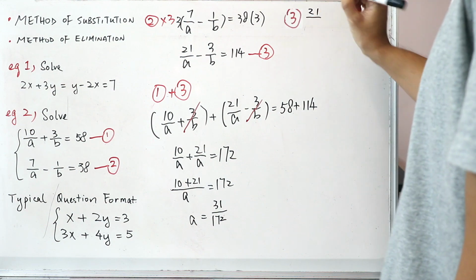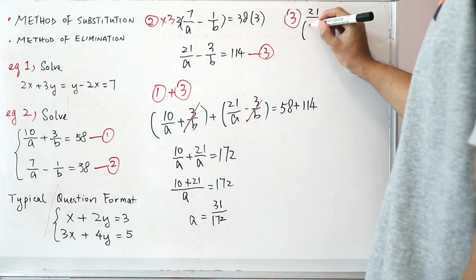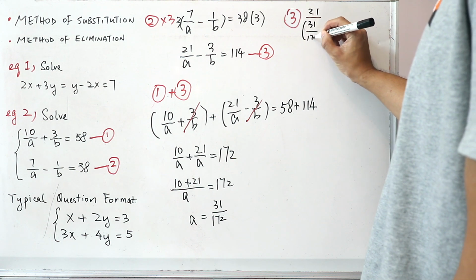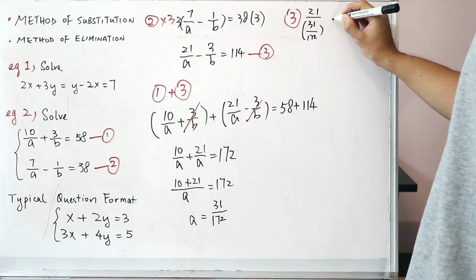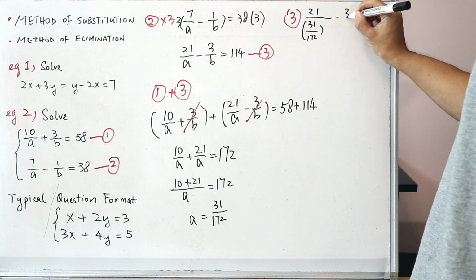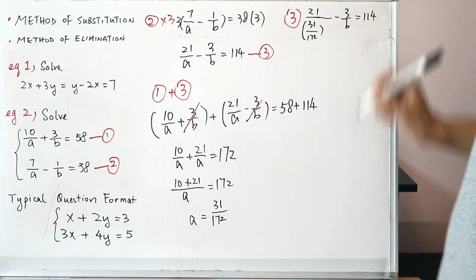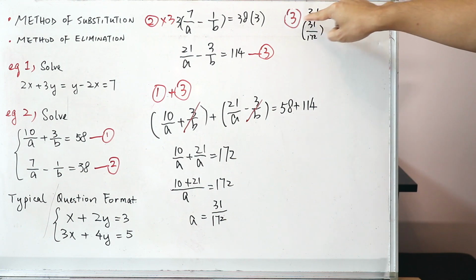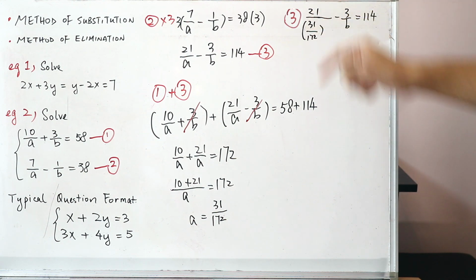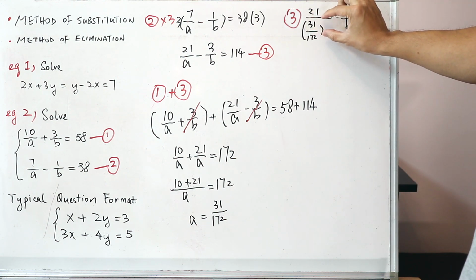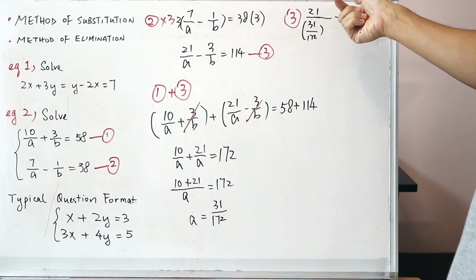21 divided by 31 over 172 minus 3 over b is equal to 114. So here, 21 divided by this, okay, to simplify this, we basically flip this bracket from the denominator to numerator and vice versa.